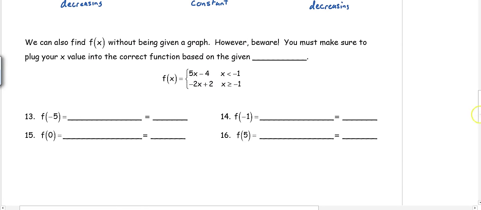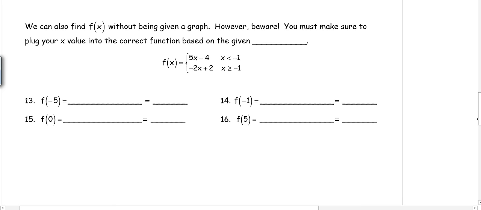We can also find f of x without being given a graph. However, be aware you must make sure that you are plugging your x value into the correct function based on the given inequality. So the first equation we have is 5x minus 4 when x is less than -1. So think of numbers that are less than -1 that would work.